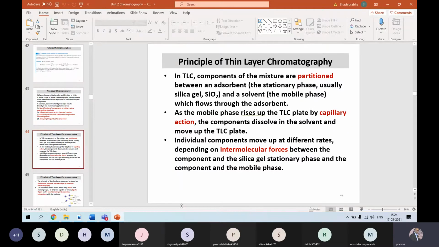So basically there is a partitioning of solutes between the two phases depending upon the type of intermolecular forces acting between the analyte and the stationary phase, which is silica.